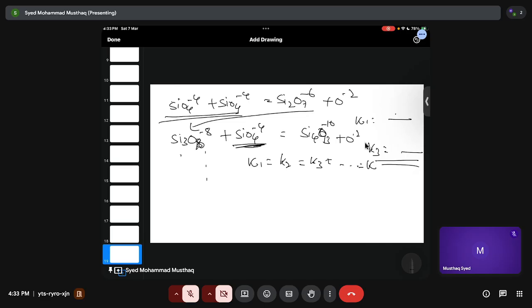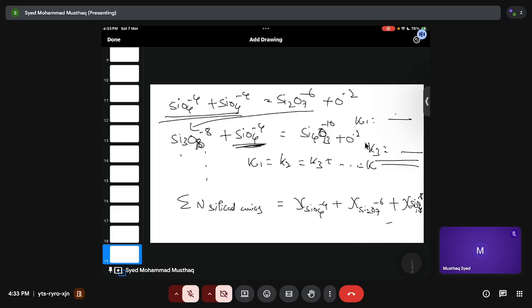So let's write the number of silicate anions. If I need to know the summation of silicate anions, then I need to know the number of moles of this guy, the mole fraction of Si2O7 minus 6, the total mole fraction of silicate ions, and also the mole fraction of Si3O10 minus 8.